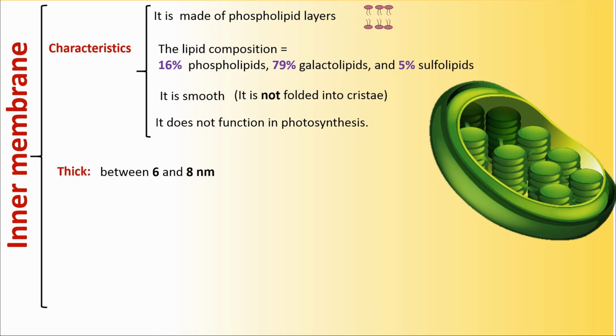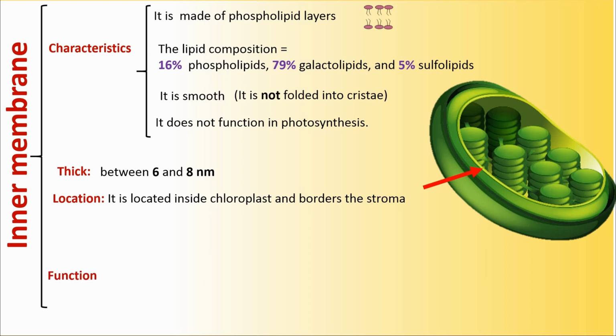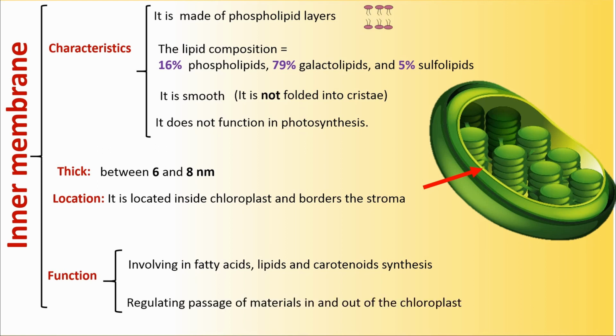Its thickness is between 6 and 8 nanometers. It's located inside the chloroplast and borders the stroma. It plays a role in fatty acid, lipid, and carotenoid synthesis, and regulating passage of material in and out of the chloroplast.